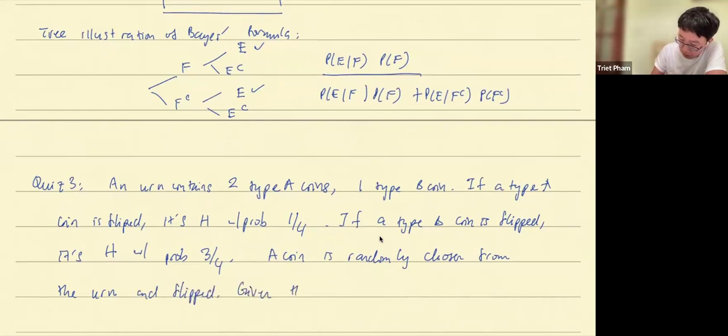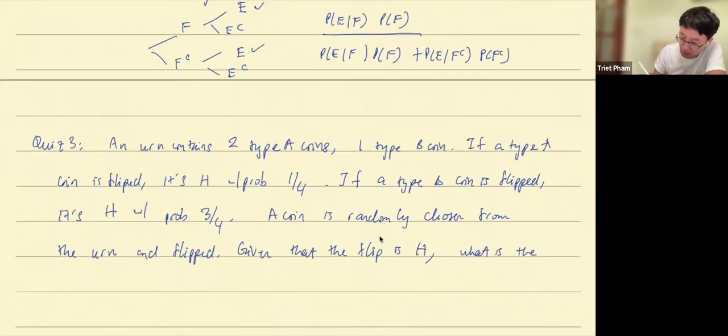Given that the flip is head, what's the probability that it is a type A coin?